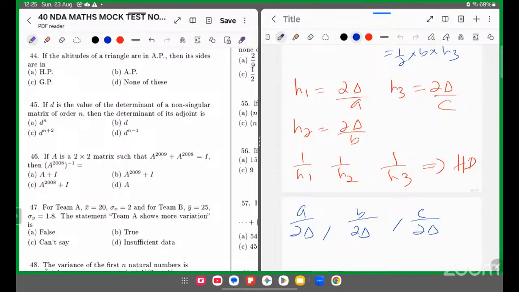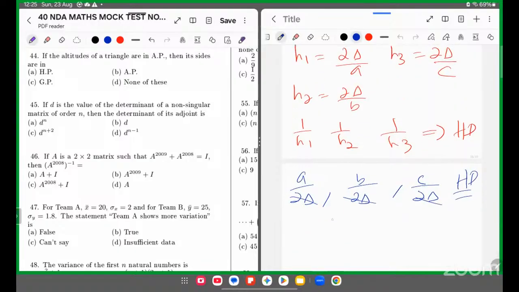So the answer to question 44, option A, is correct.